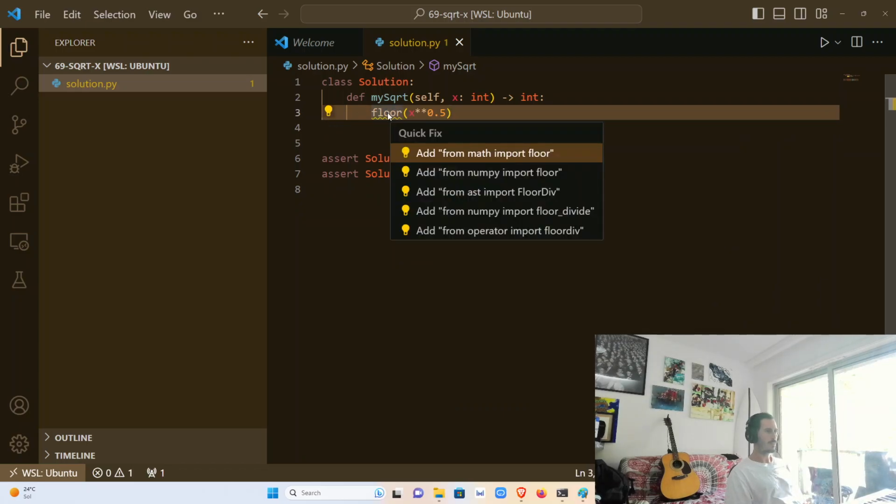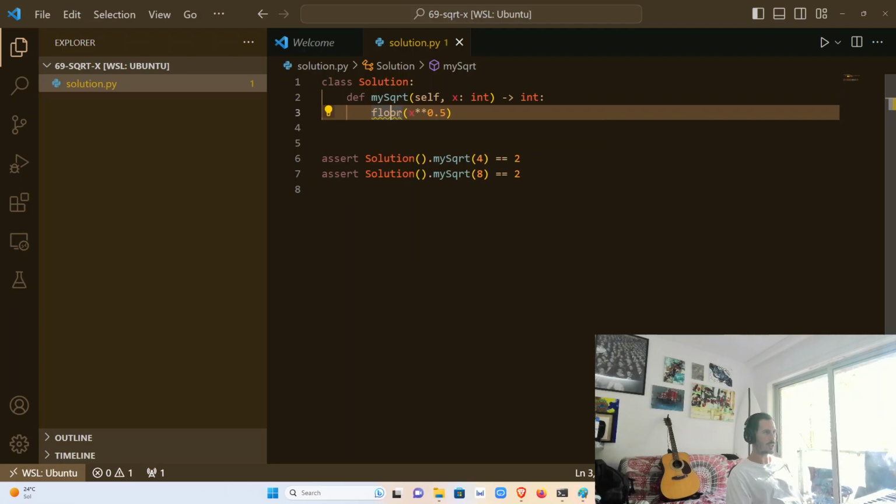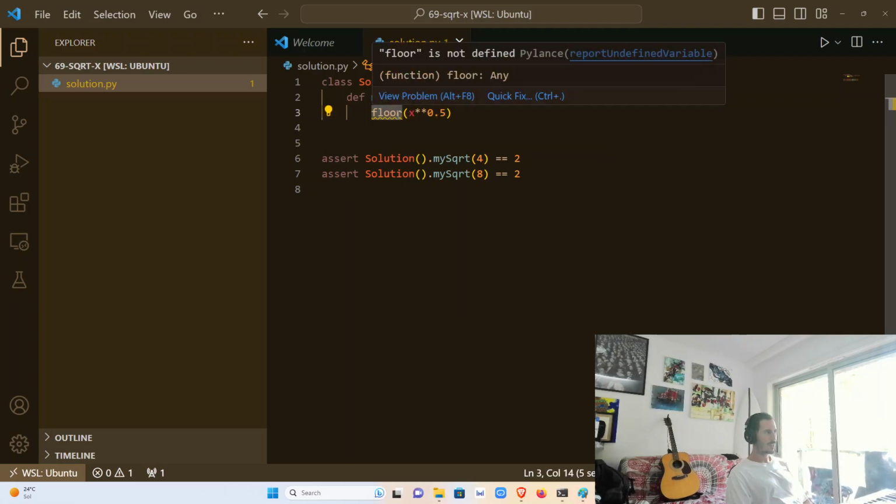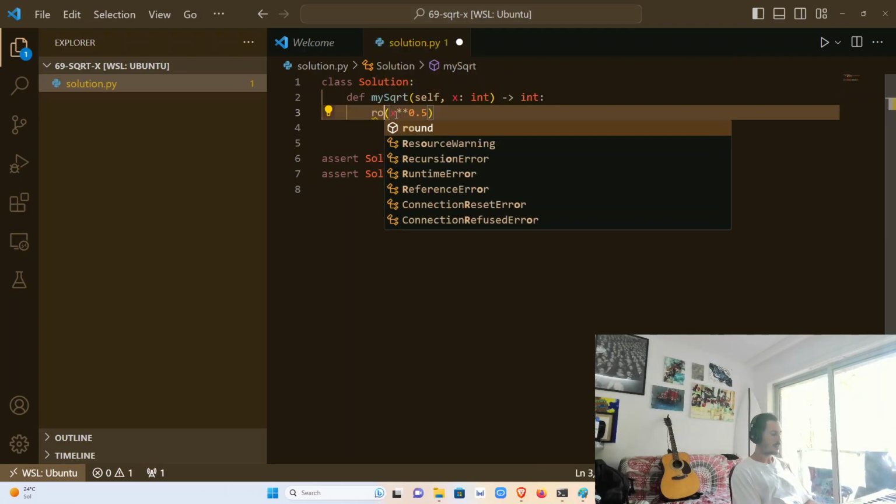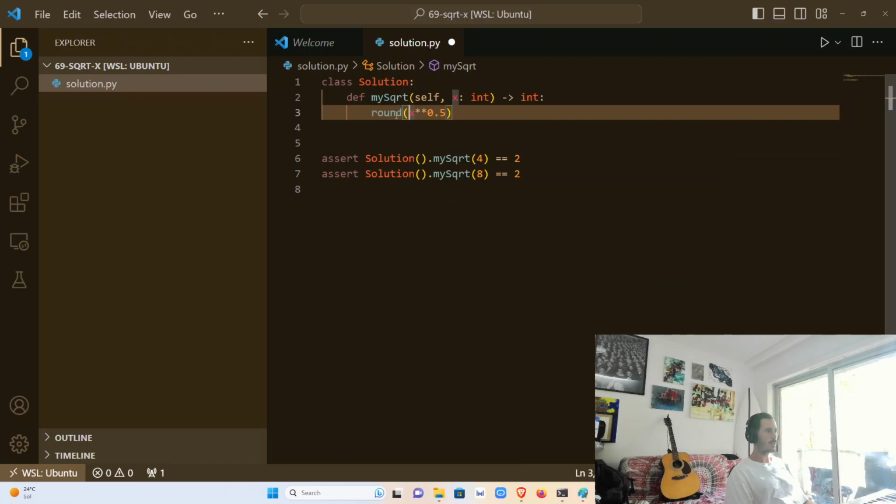Oh, I think from math import floor. So this would just give us the rounded down thing. I would import math.